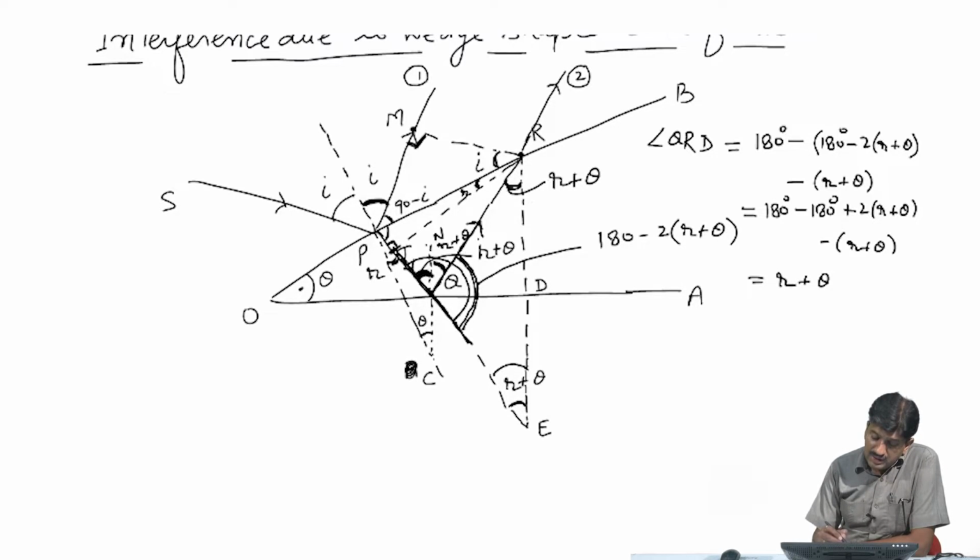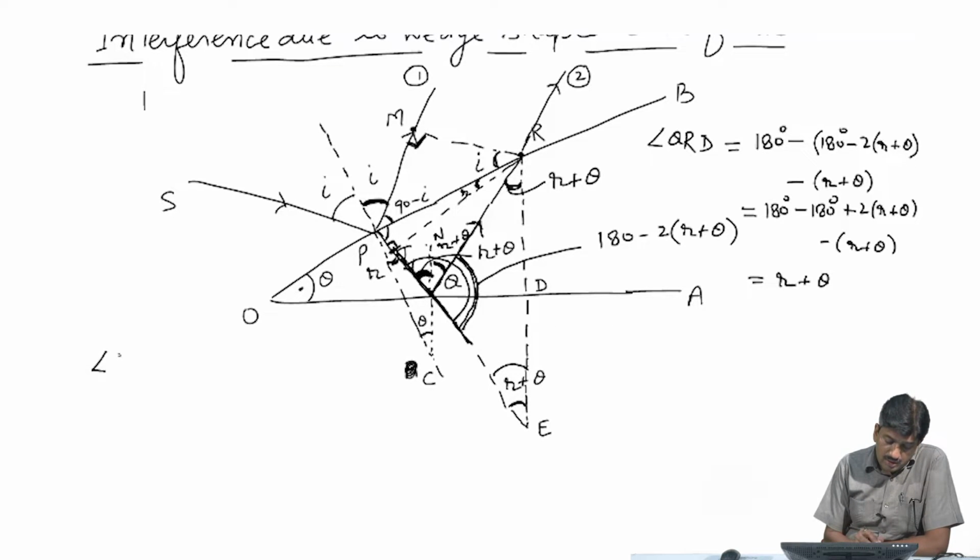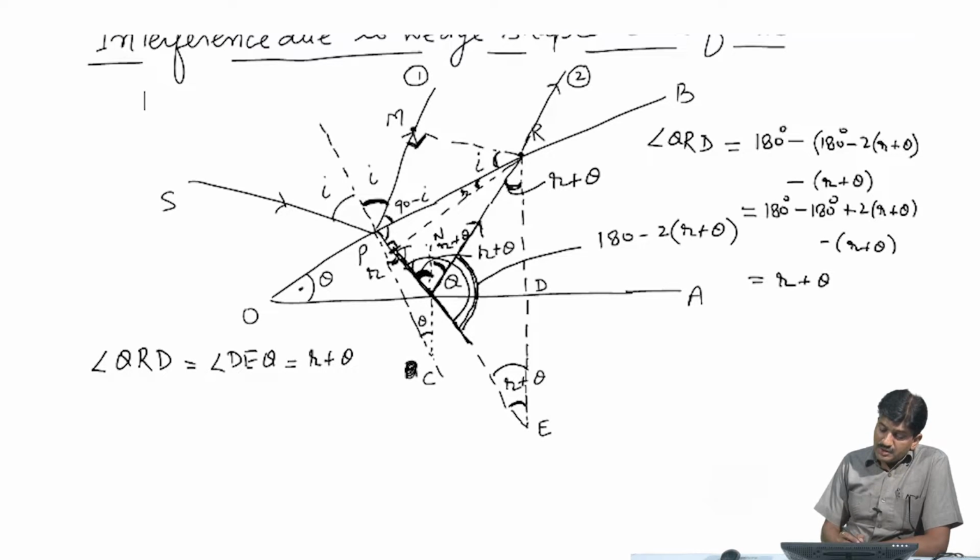So we have seen that angle QRD and angle DEQ, both are equal and equal to R plus theta.